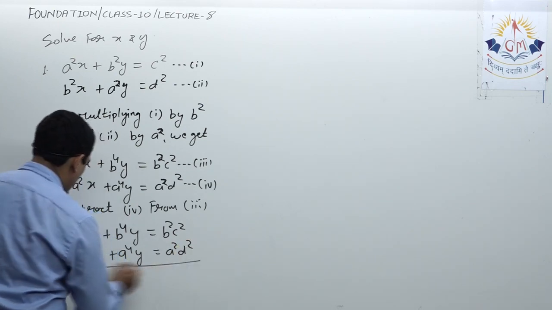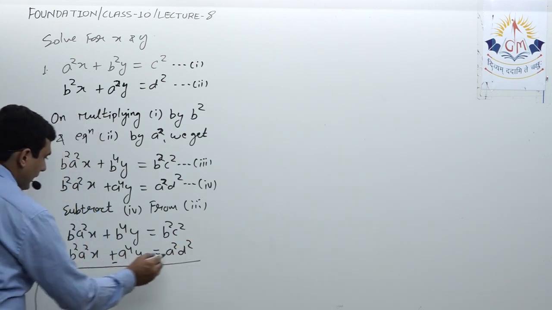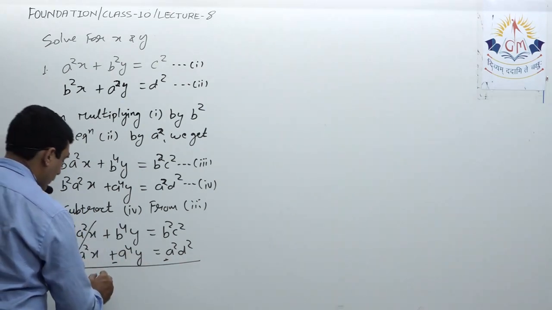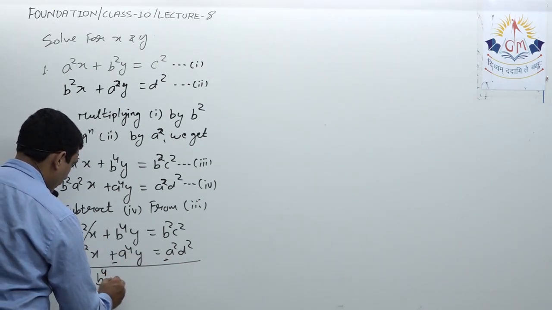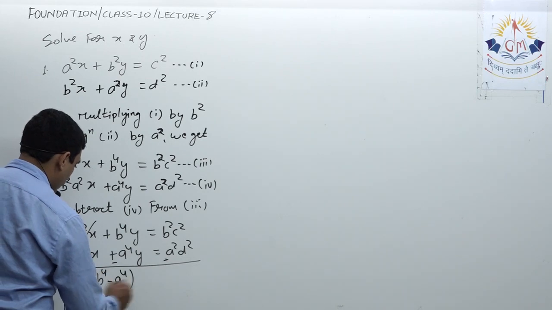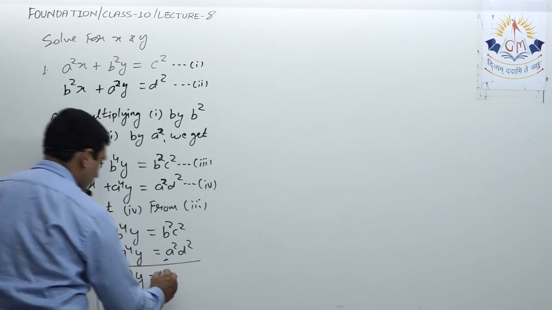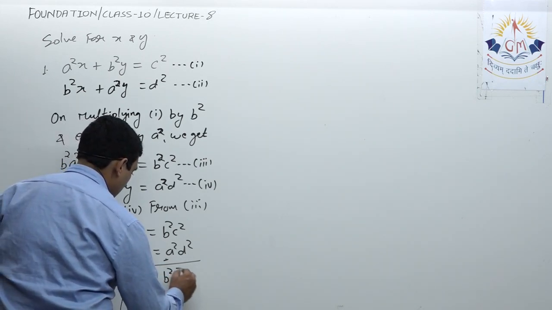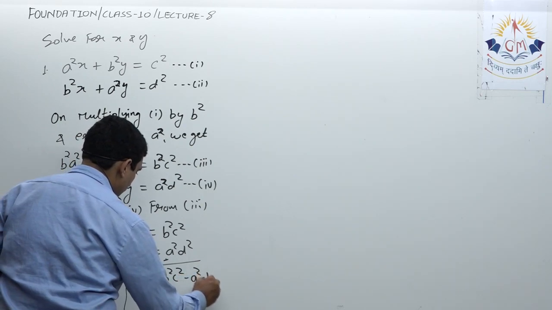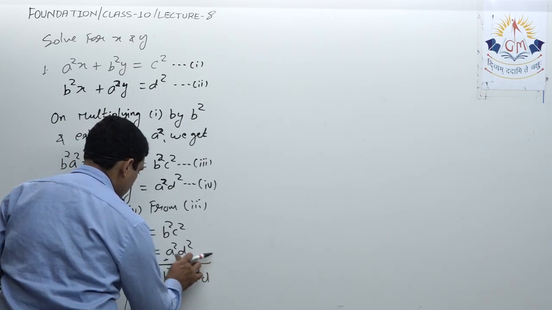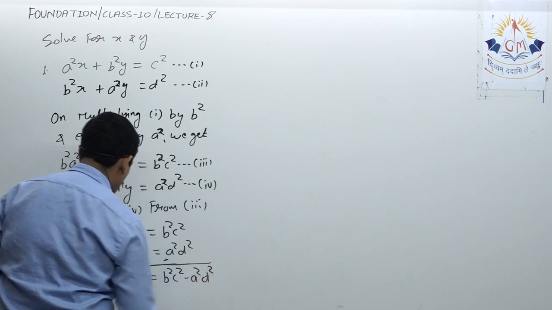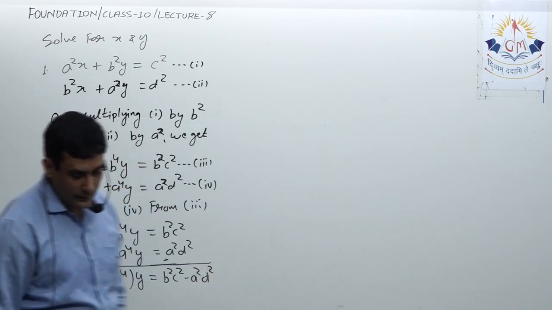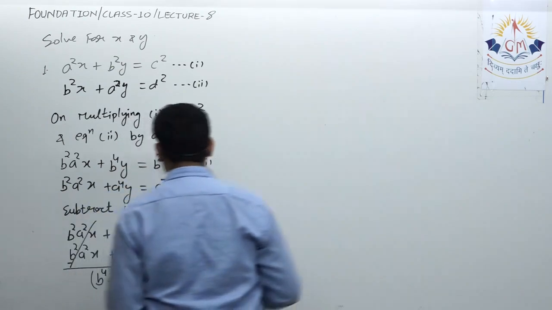Now we will subtract, so the x terms will cancel out. So b raised to 4 minus a raised to 4 times y is equal to b square c square minus a square d square. Okay, so here easily you will get the value of y.